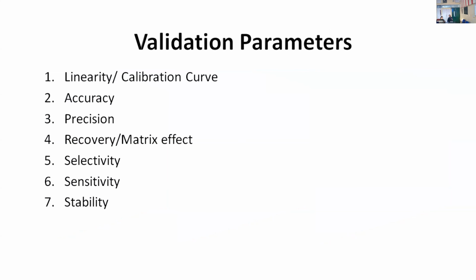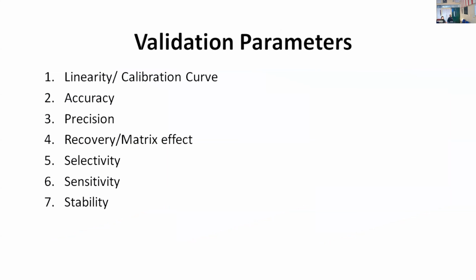So these all are the validation parameters which should be considered while developing a bioanalytical method validation. First is the linearity or calibration curve. It just means that we should follow a simple regression model where the concentration is linearly plotted with the area response, and the R square should be 0.99.